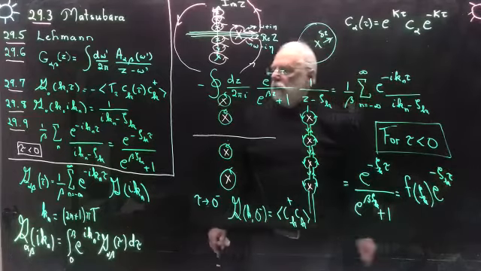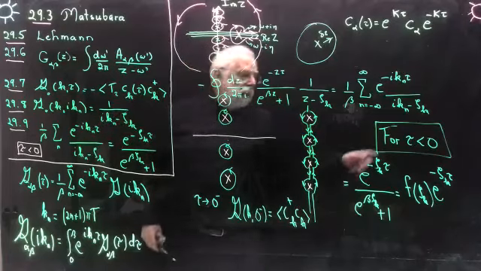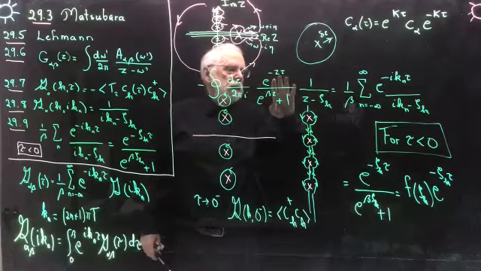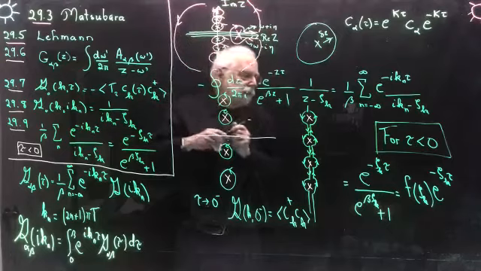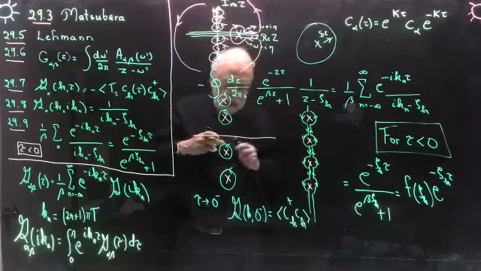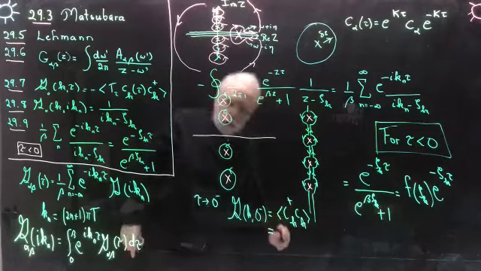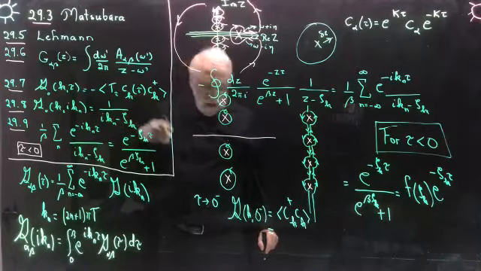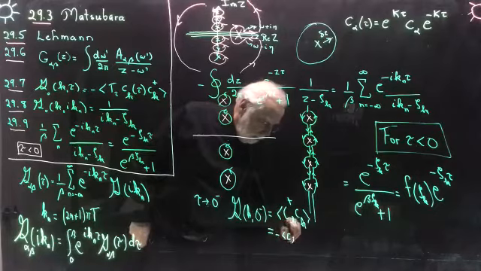And now you can work out that when tau is larger than 0, then you need to define the function differently if you want it to be able to converge everywhere at infinity. And then you will find that if you take the limit when tau is 0 plus, then this is minus the expectation of c k c dagger k.